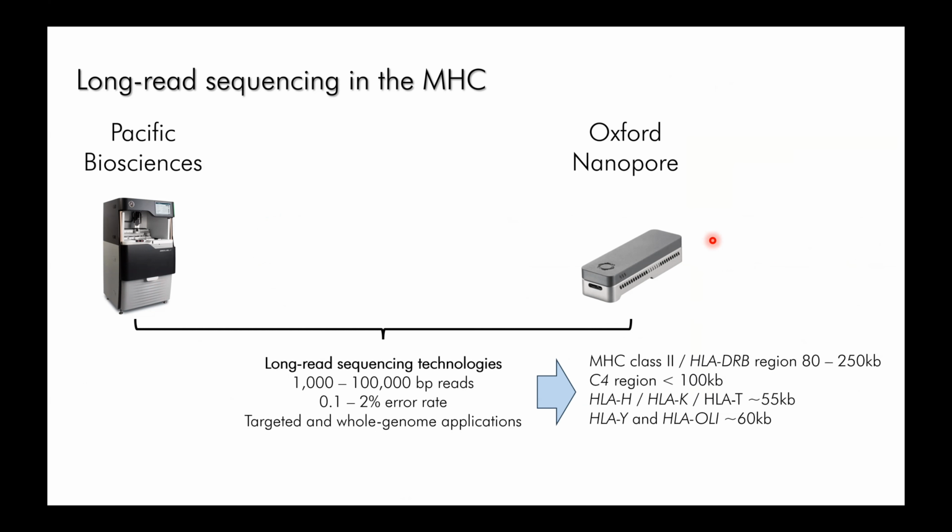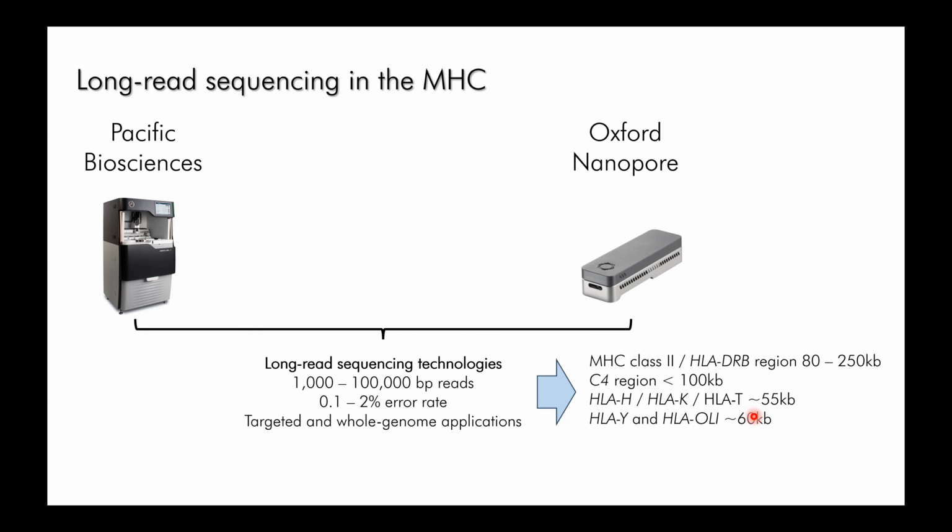To approach that question, let's look at the structurally variable regions in the MHC. So what have we got here? We have the MHC class 2 region that has a length of between 80 and 250 kilobases per haplotype, with the C4 region on the order of less than 100 kilobases, and we have structural variants in the class 1 region, on the order of 55, 60 kilobases.